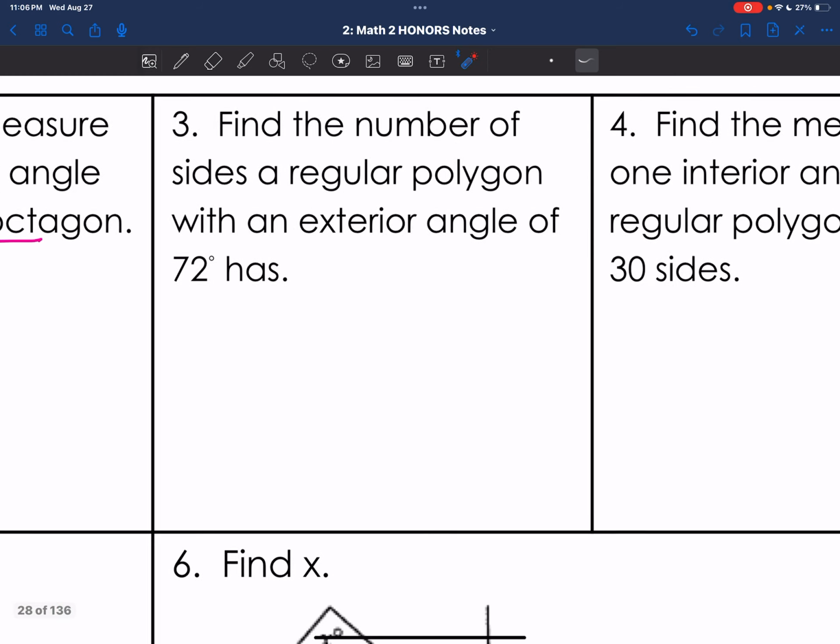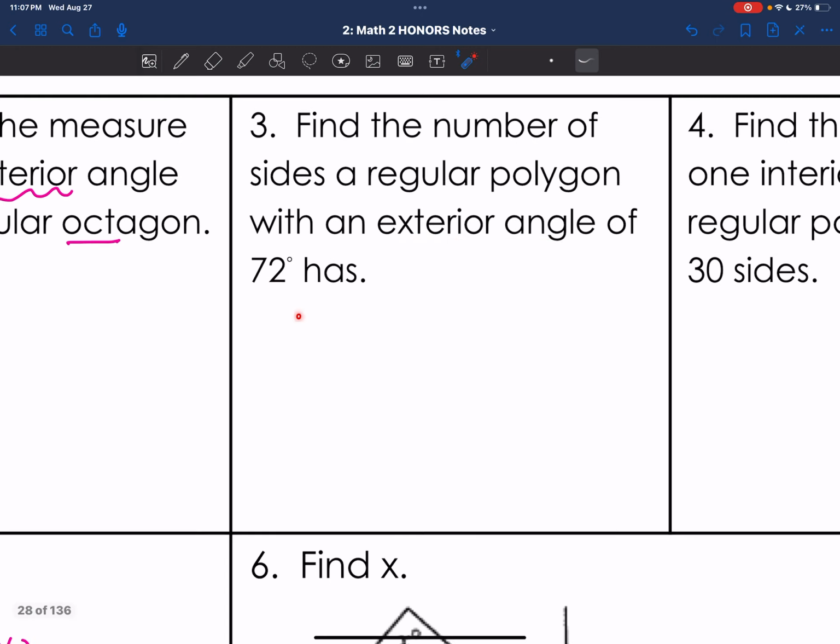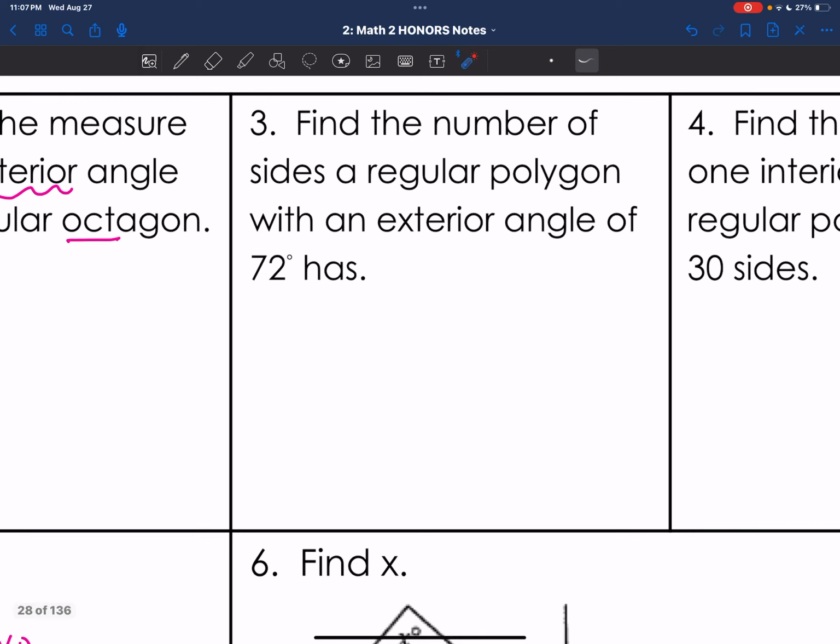All right, now I'm going to give you a hint. This one you're kind of working backwards because you're finding the number of sides. So think about the information with a regular polygon that has an exterior angle of 72. So remember, it's always 360, but here we can either go 360 divided by x equals 72, but that would not be it. So you want to think about it because it's going to be 360.